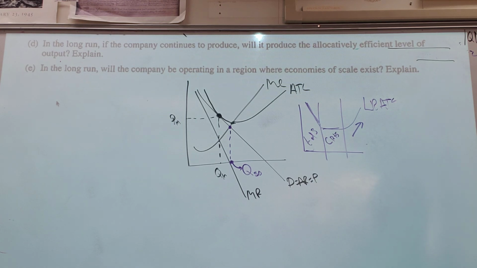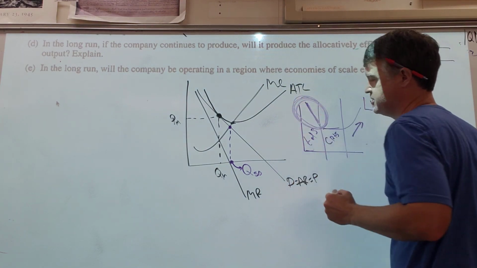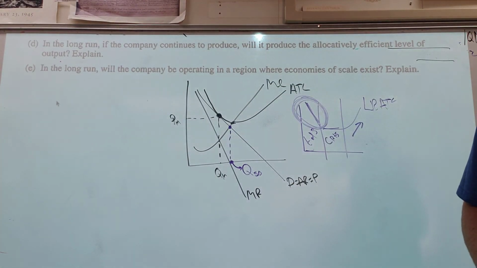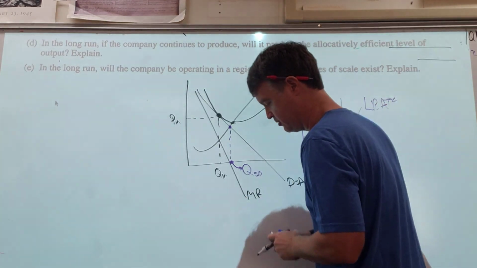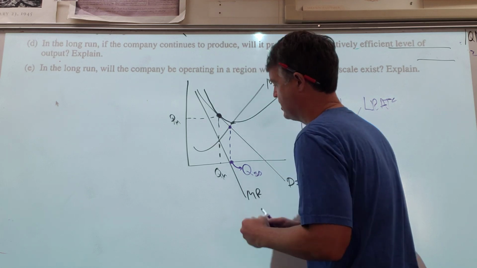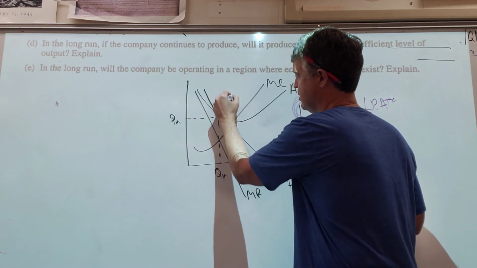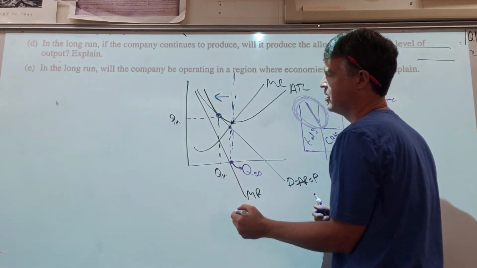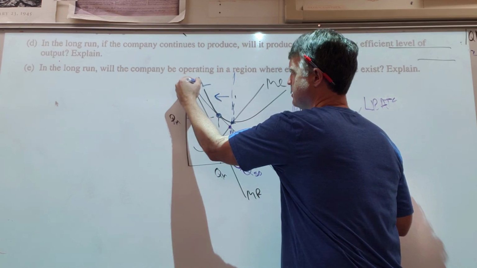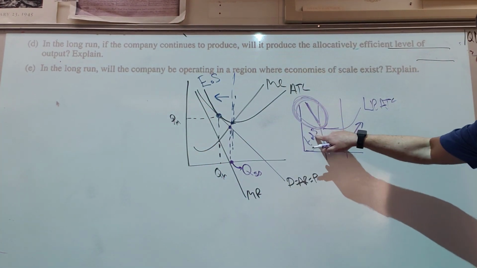So when it says economies of scale, we know we're talking about this portion of the LRATC where it's downward sloping. What I want to look at is that in the long run, I'm going to be producing right here at this point. Well, this is minimum ATC, so anything over here is economies of scale because the LRATC is downward sloping.